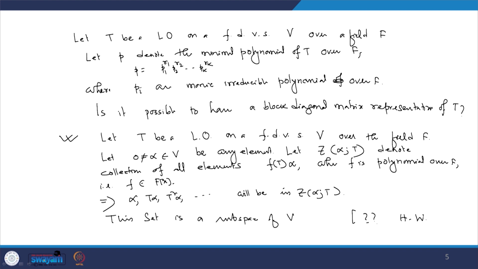So, c times f1 plus f2 is a polynomial over the field F, so it will again be inside Z(alpha, T). In that way we can show that this set is a subspace of the vector space.